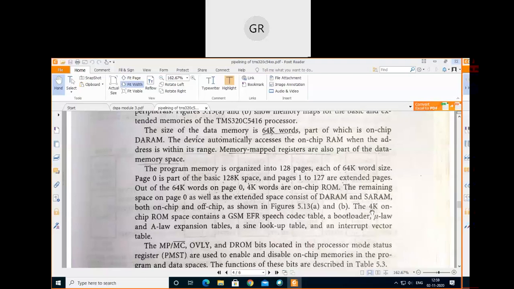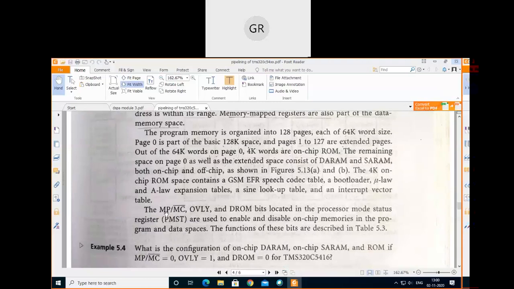The 4K on-chip ROM space contains a GSM AFR speech codec table, a boot loader, mu-law and A-law expansion tables, a sine lookup table, and an interrupt vector table.